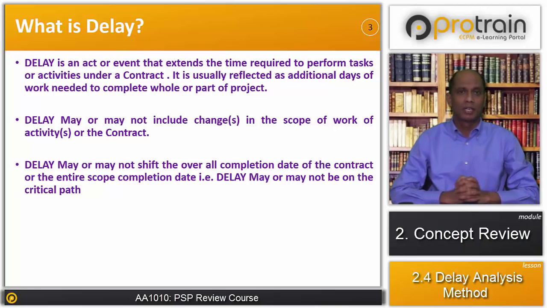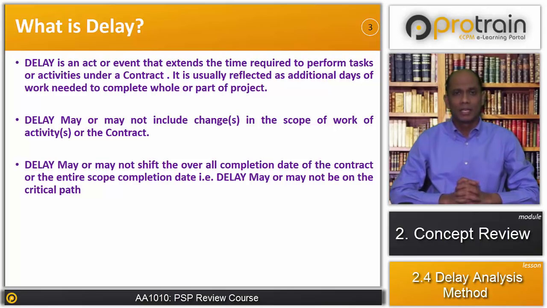The impact of the delay event, which is flooding due to thunderstorm, delays the project by 20 days. Therefore, the project duration extends by 20 days and the revised project duration is 120 days. So in this example, the delay is 20 days and the delay event is flooding due to thunderstorm.